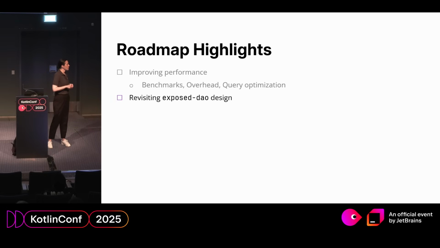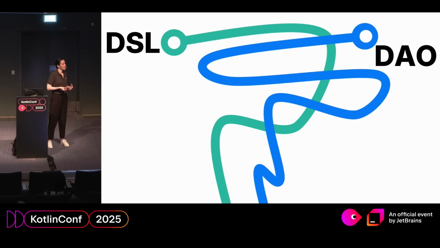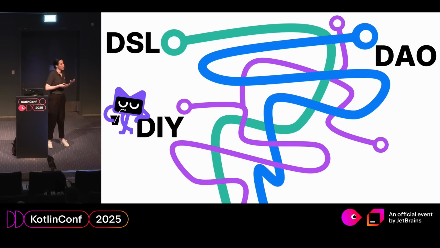We are also considering revisiting and redesigning certain aspects of the DAO design. If you consider DSL to be the core of Exposed, and then you take DAO to be built on top of it, doing its own thing, one of the great things about Exposed is that it doesn't necessarily lock you in to one or the other.